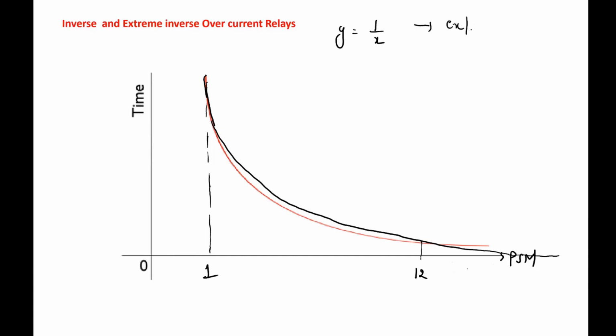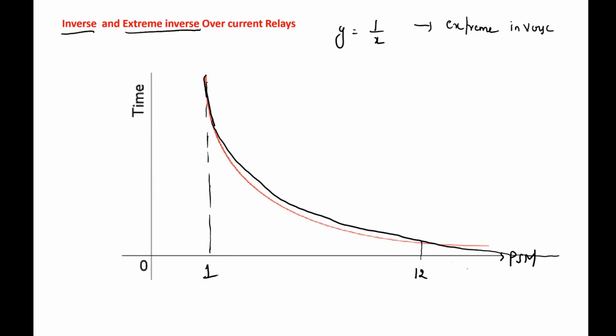If your overcurrent characteristics are exactly an inverse hyperbola, then it's called extreme inverse overcurrent relay. So this is normal inverse, and one is extreme inverse.